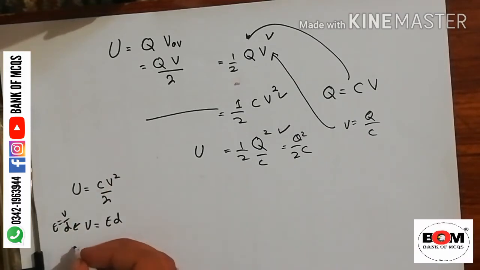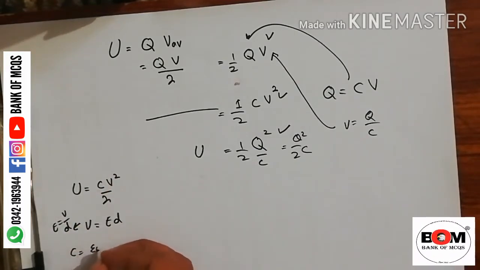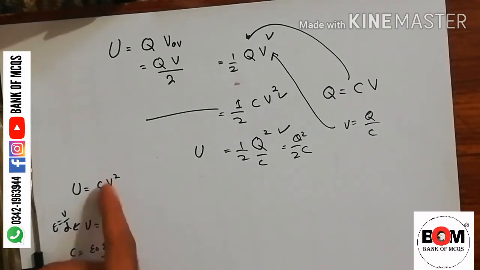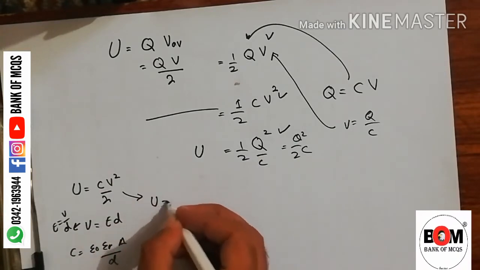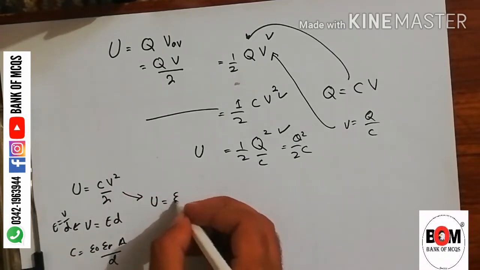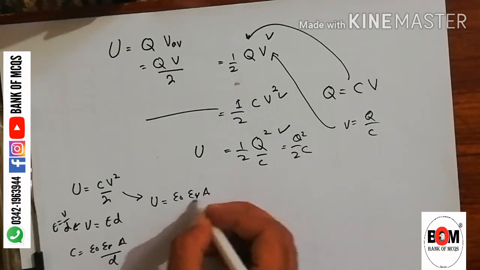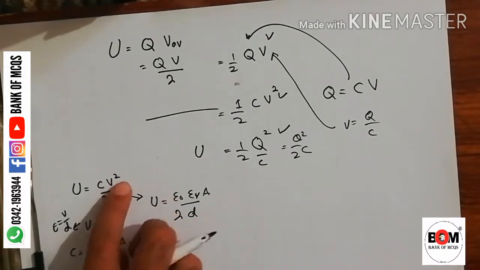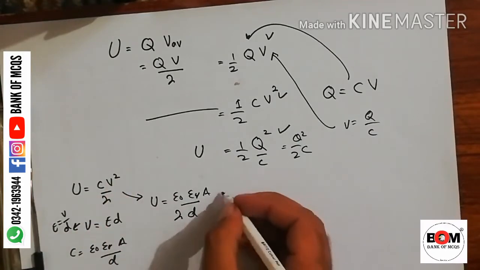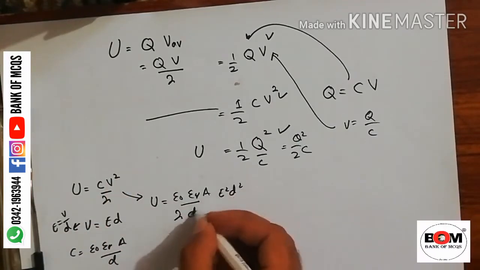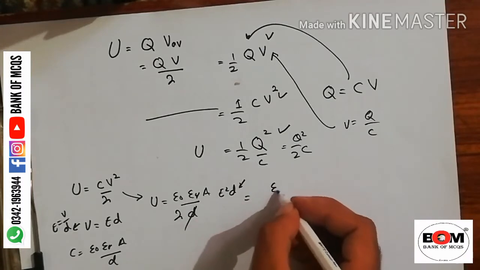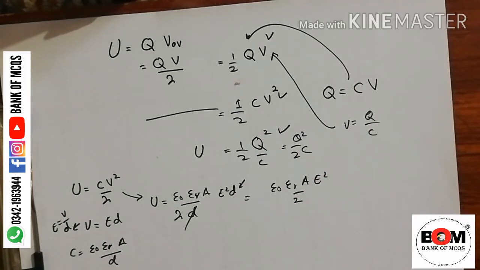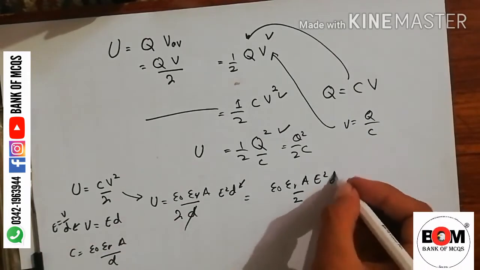The next is, we know that C is equal to epsilon naught epsilon r A by d. So we will put this value in. And there is a 2 in the formula. The next is putting V is equal to Ed, so V square is equal to E square d square. So d cancels with the d square, and we will get epsilon naught epsilon r A into E square by 2, and there is one d left.